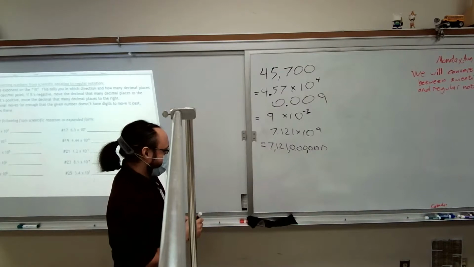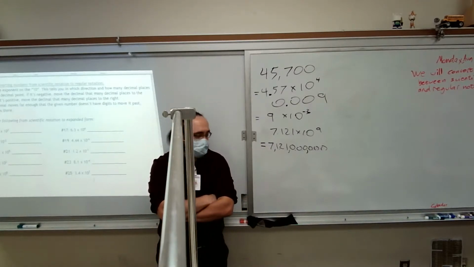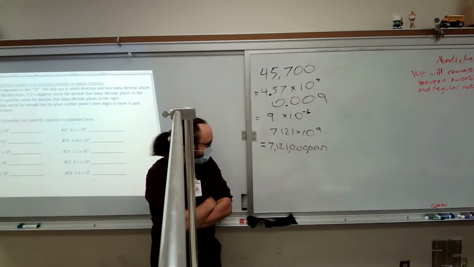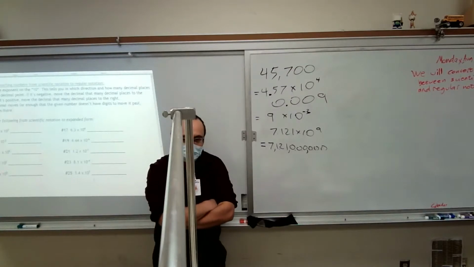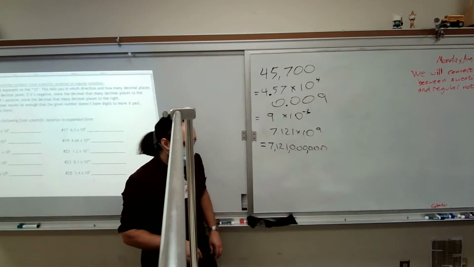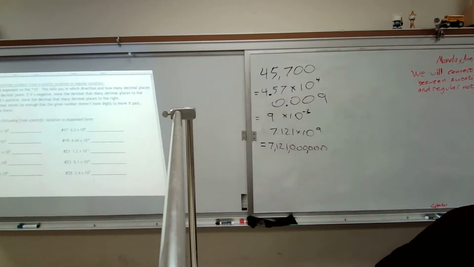Times 10 to the 9, from our prefixes business, that's billions, right? And we got billions here: 7,121,000,000, and that's it. Does that seem all right? Okay. See if y'all can take that study.com quiz then, the one that I don't remember the name of, but it has a name.